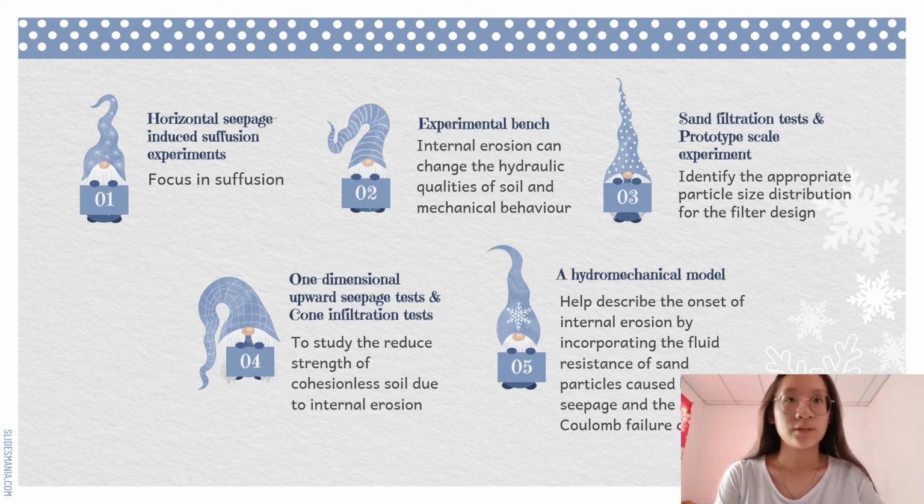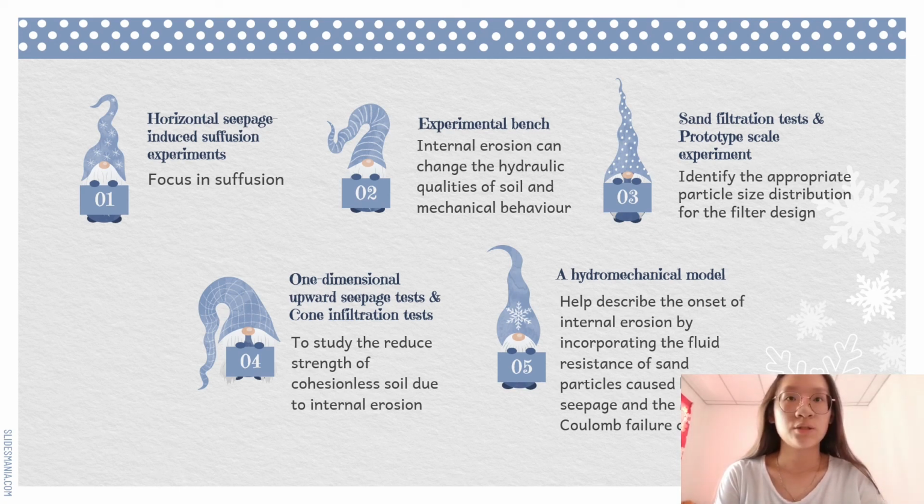For the experimental bench, internal erosion can change the hydraulic qualities of soil and mechanical behavior. The sand filtration test and prototype scale experiment are to identify the appropriate particle size distribution for the filter design.